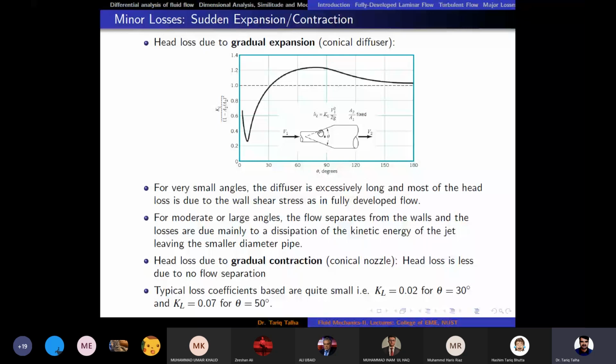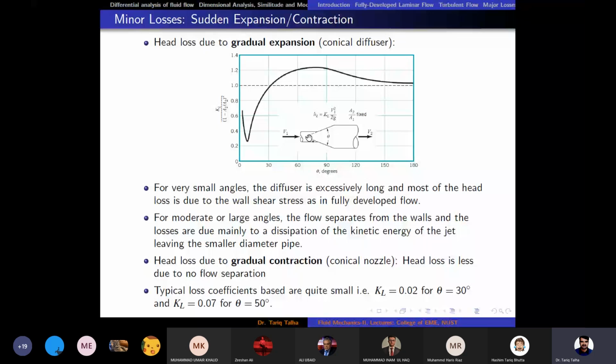In those cases, there are always some kinds of losses. For instance, here the flow is undergoing a gradual expansion when the flow enters this conical shape, which is kind of a diffuser.